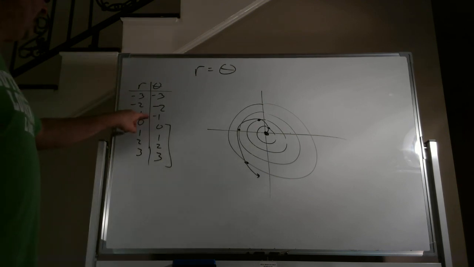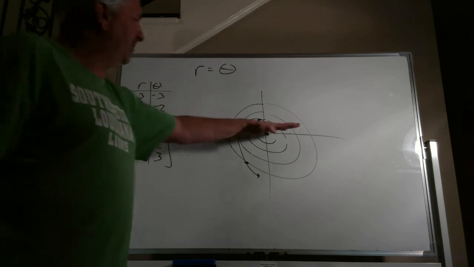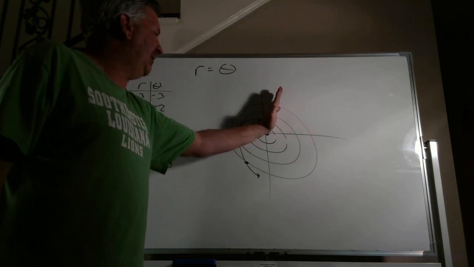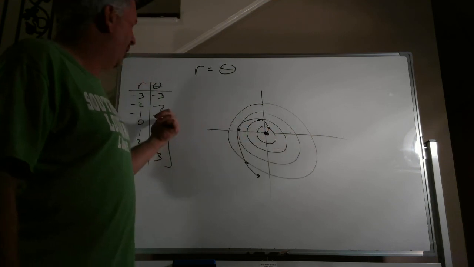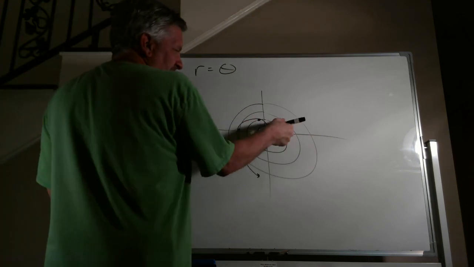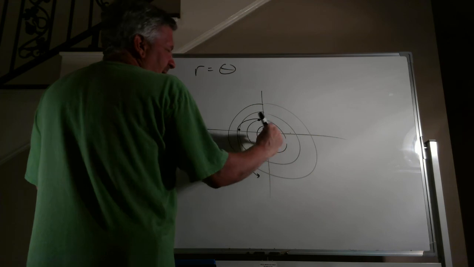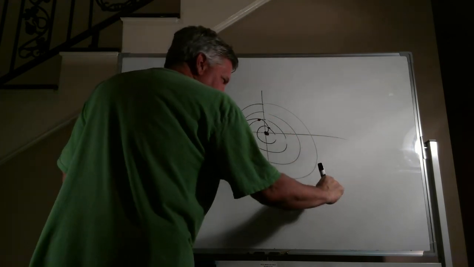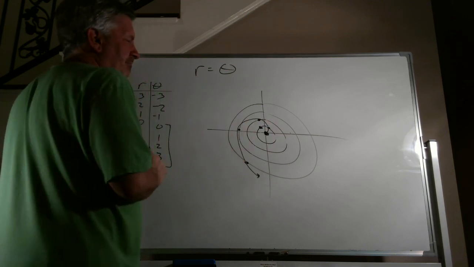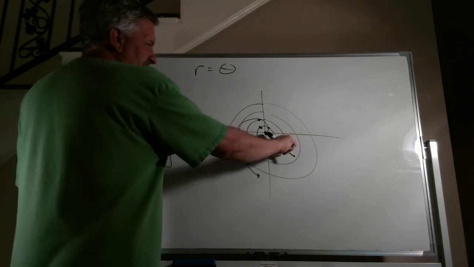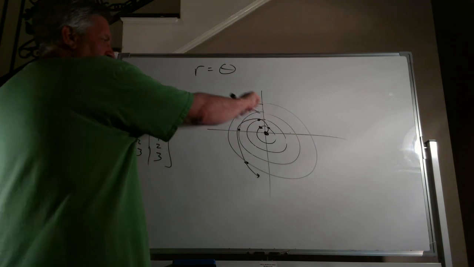Now where's -1, -1? So instead of doing 1 radian this way, we have to go -1 radians this way. But remember, r is now -1. So if theta is -1, if r were positive, we go this way, r is negative, we go this way, and you're just going to be back here. So the theta is actually down here, but r is negative, so you go the other way.